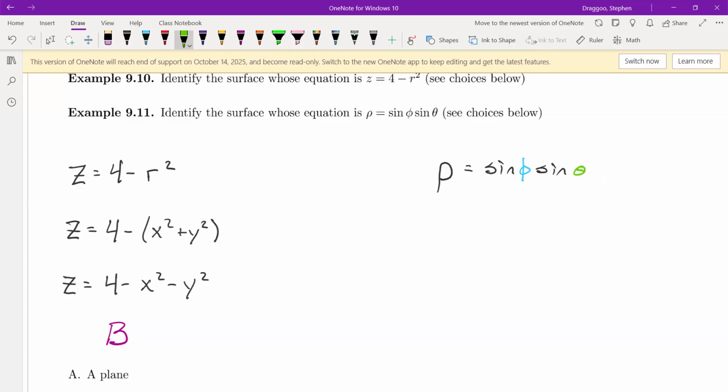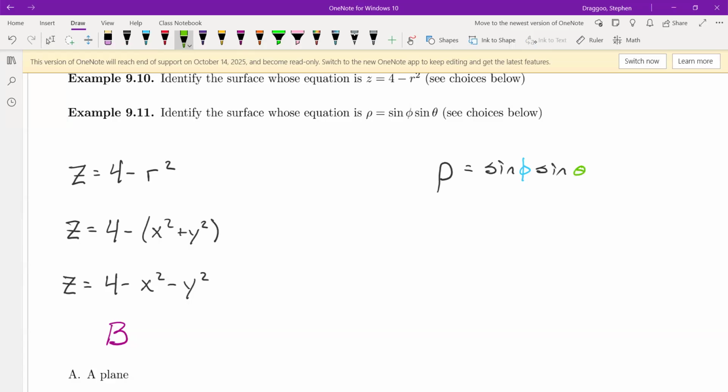So anytime I see one of the trig functions sitting by itself, I usually like to have a rho attached to them or an r attached to them, depending on which system I'm coming from. Same thing if I see just a plain radius sitting by itself. Usually I like to have it as the radius squared before I start trying to substitute some stuff in.